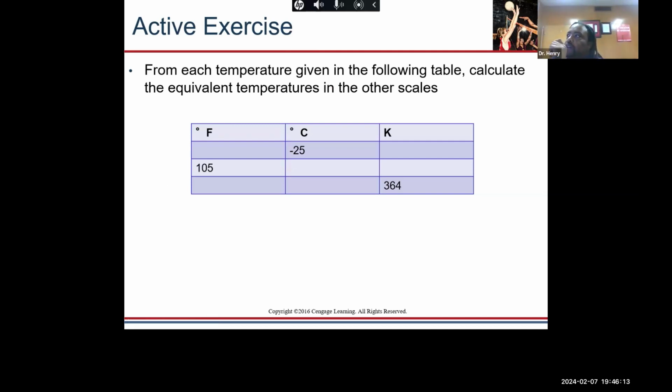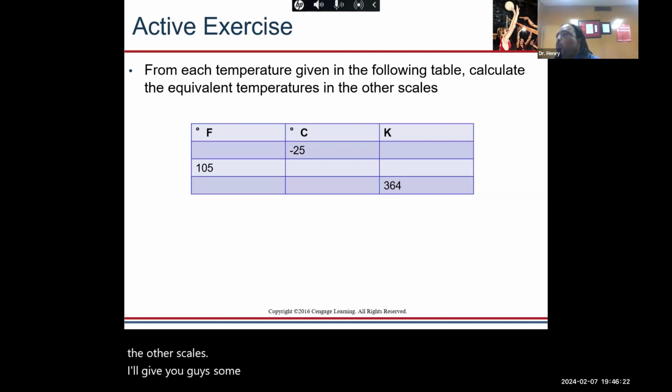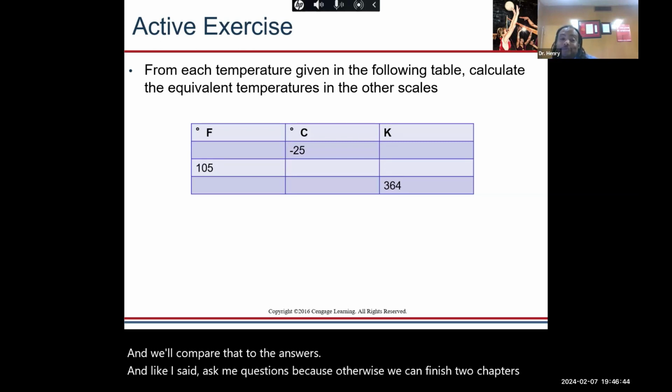For each temperature given in the table, calculate the equivalent temperature in the other scales. I'll give you guys some time, and we'll compare that to the answers now. And like I said, ask me questions, because otherwise we can finish two chapters in a single sitting.